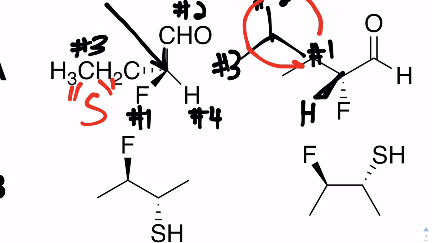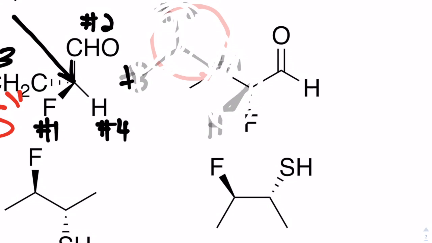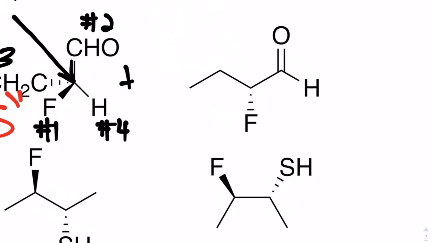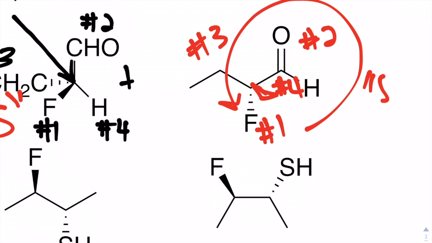Let's do the same thing for the line angle notation. We know that the fluorine is 1, this group is number 2, this group is number 3, and that hydrogen is group number 4. If I trace the priority of this, it would be 1, 2, 3, and that's definitely S, okay? But was that fourth priority on a dash, or away from us?